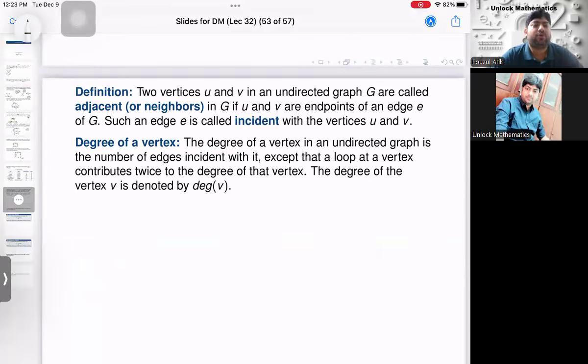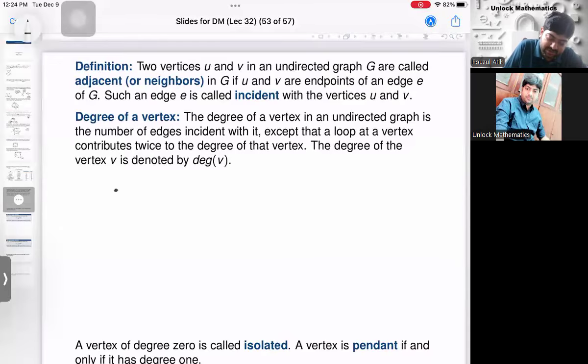Two vertices U and V in an undirected graph G are called adjacent or neighbors in G if U and V are endpoints of an edge E of G. Right? So I am drawing a graph, maybe of seven vertices.